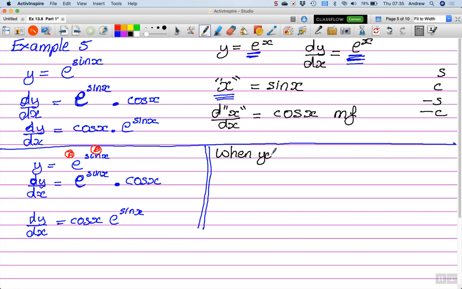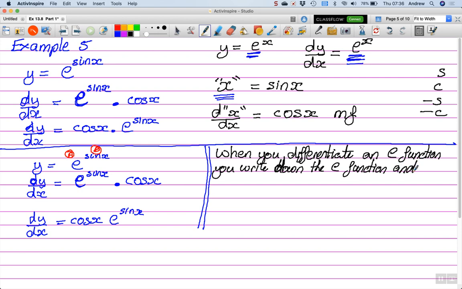When you differentiate an e function, you write down the e function and then multiply by the differential of the power. Obviously you don't write that down every time you do it, just learn it.